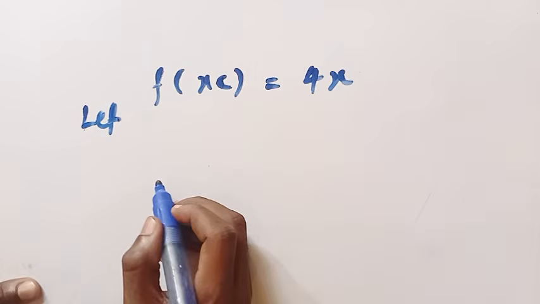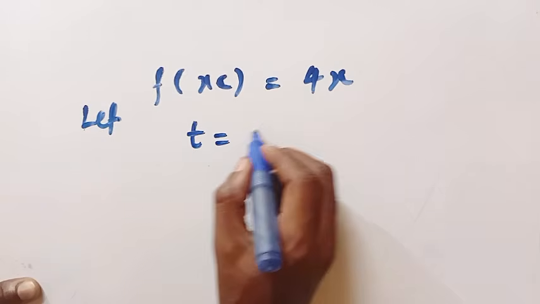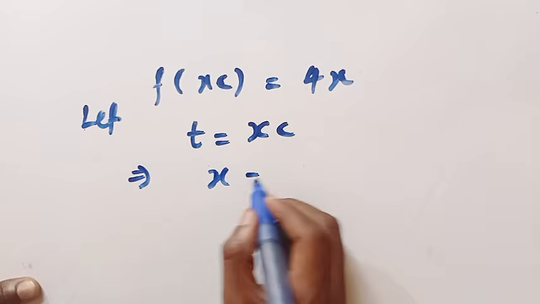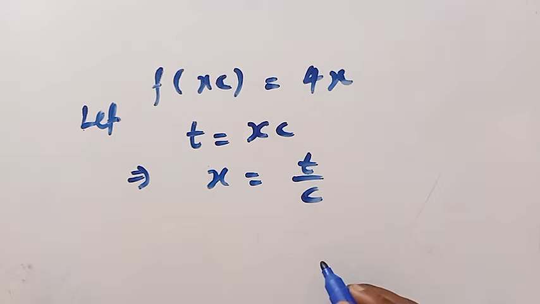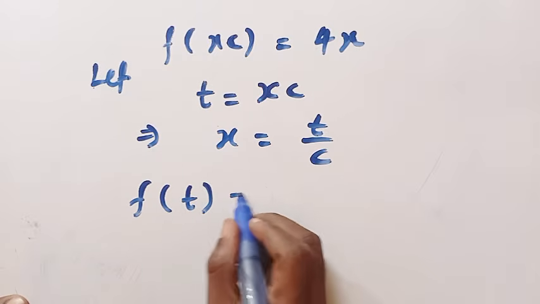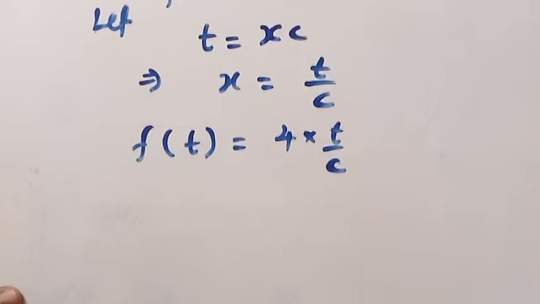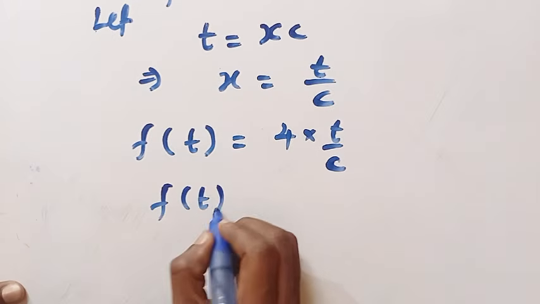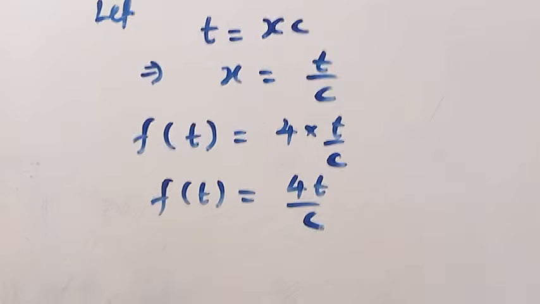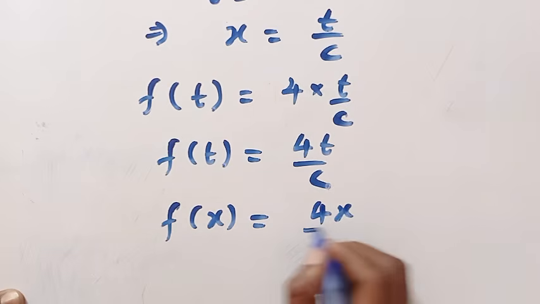Let t equal xc, this implies that x equals t over c. By changing it, we have f(t) equals 4 multiplied by t divided by c, and this gives us f(t) equals 4t divided by c, but I don't need this variable. I need x. By writing this as f(x), we are going to have 4x divided by c.